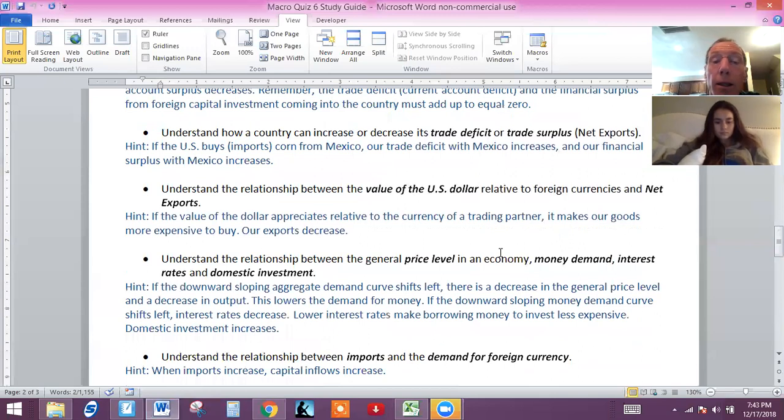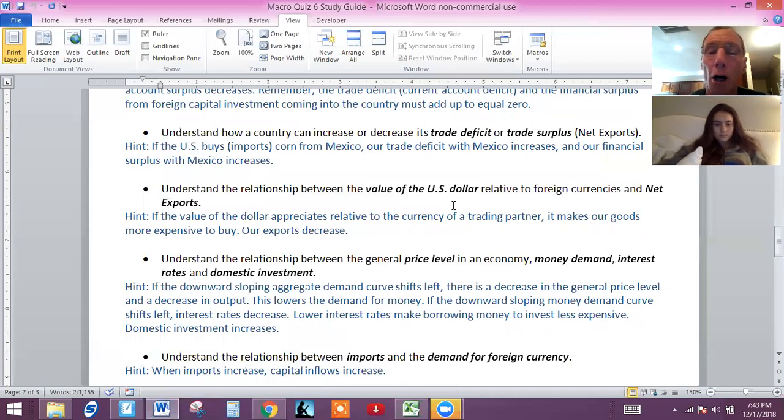And the way to think about this one is, the more valuable the U.S. dollar is relative to a foreign currency, the more our goods are going to cost. Because in order for China to buy our goods, they first have to exchange their currency for our dollars.